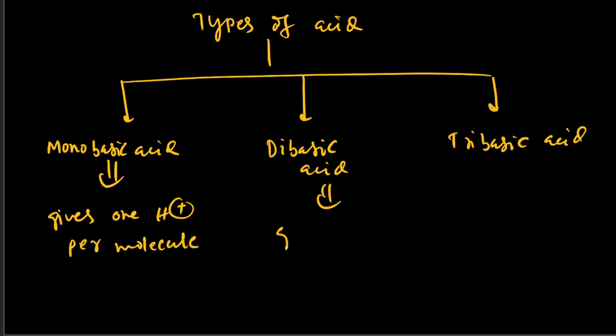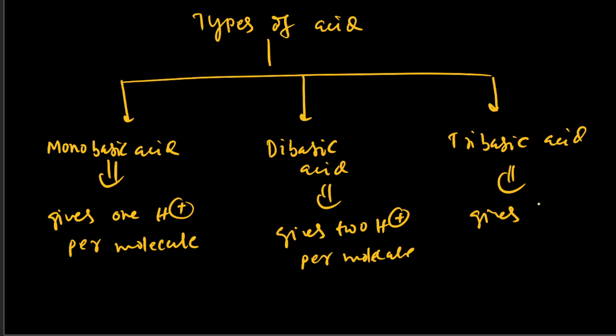Dibasic means it gives 2 H plus per molecule. Tribasic means it gives 3 H plus per molecule.